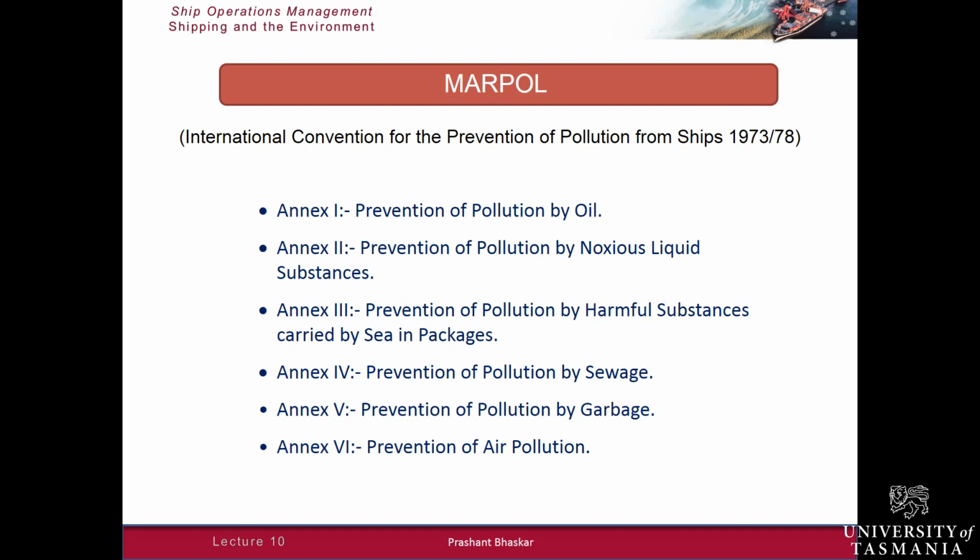Annexure 1 covers oil, Annexure 2 covers noxious liquid substances, basically chemicals. Annexure 3 covers the pollution by harmful substances that are carried by sea in packages. Annexure 4 concerns sewage. Annexure 5 deals with garbage, and Annexure 6 deals with air pollution.